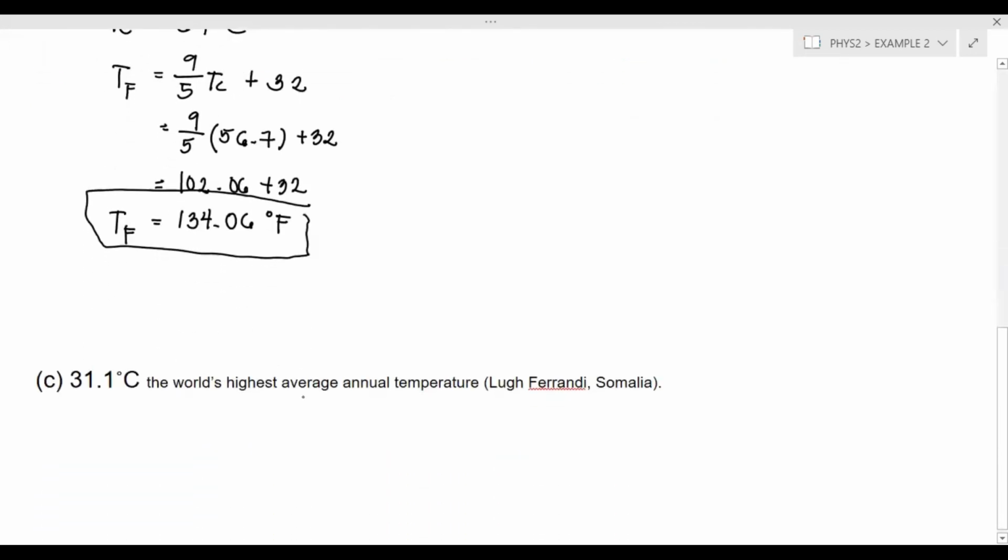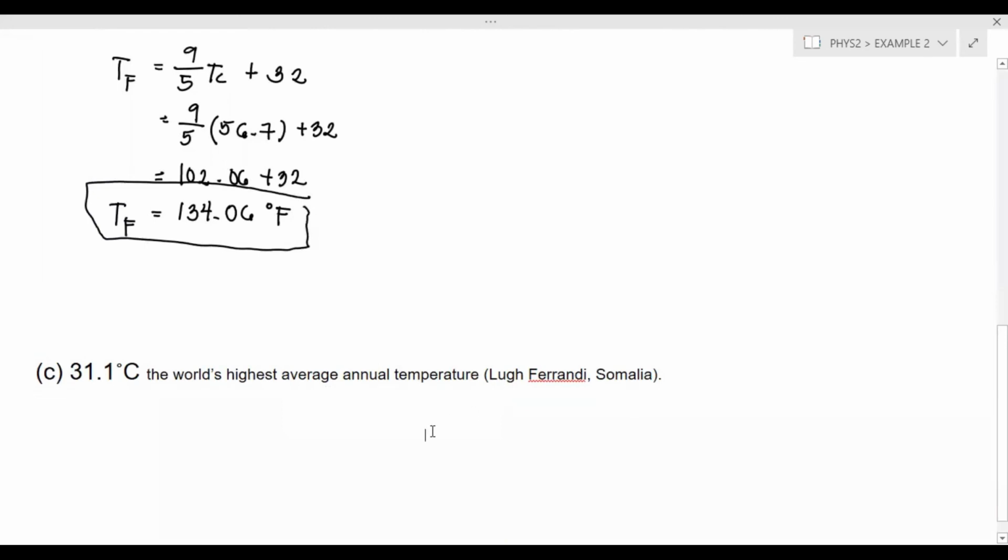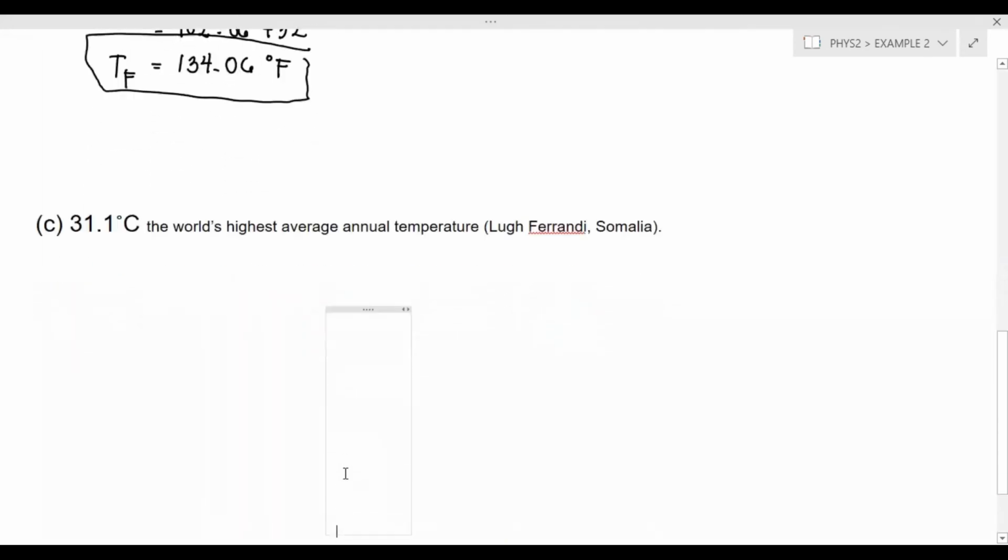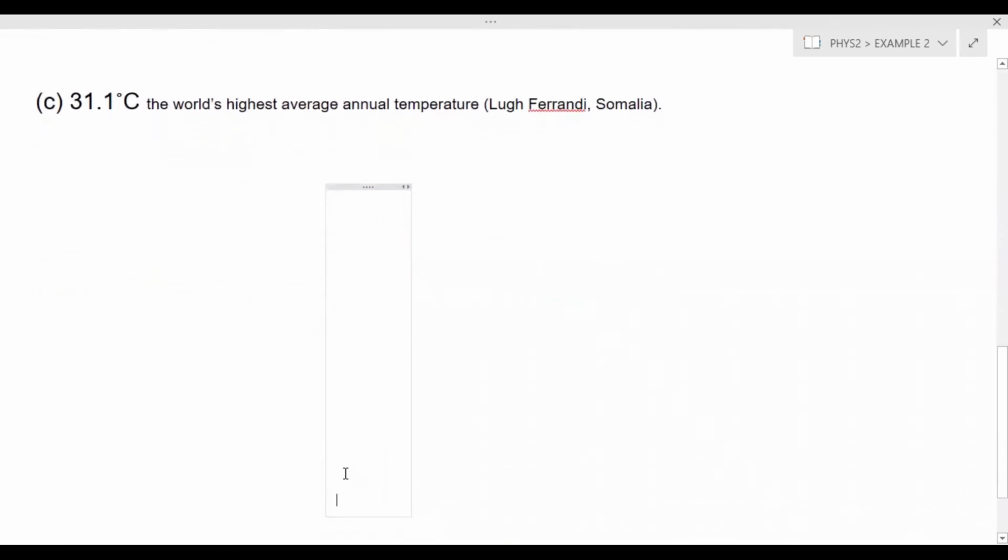For the next example, we have here 31.1 degree Celsius. So your Tc here is 31.1. Tf, again, that's 9/5 Tc plus 32.